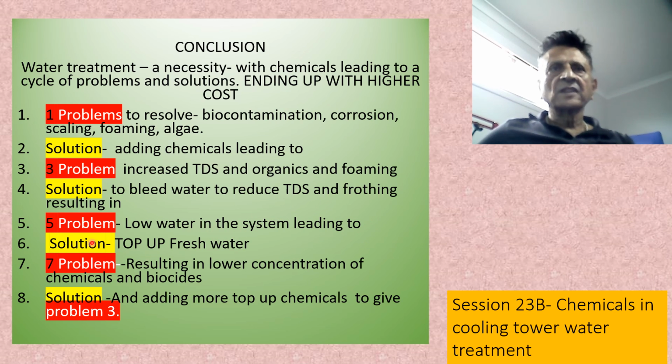That will cause a reduction of water in the system, and you will have to top up with fresh water as a solution. And you will get a further problem resulting from the dilution of chemicals and biocides, so we have to add more top-up chemicals to give back problem number 3. And this cycle goes on in chemical treatment. The only end is higher and higher costs.